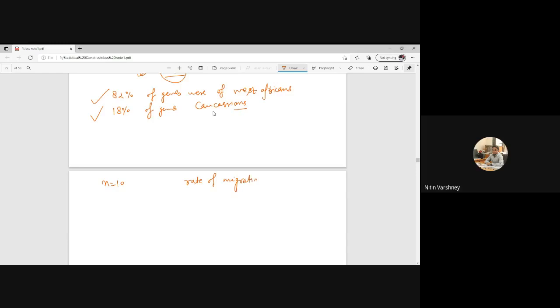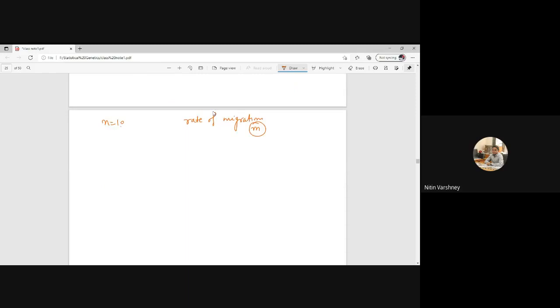Okay, so our question is to find m. n is given, that is n is 10. So what is the rate of migration? 1 minus m to the power n. And what is the formula of this?